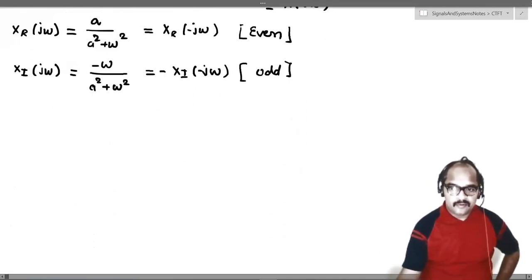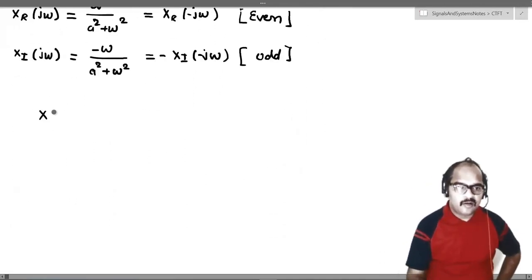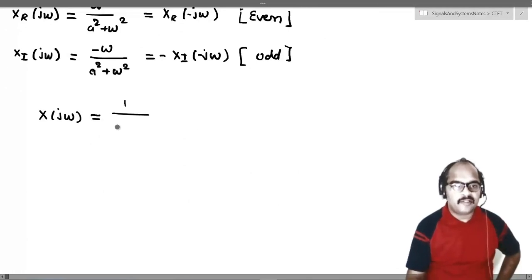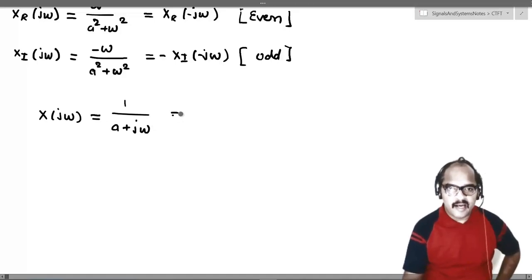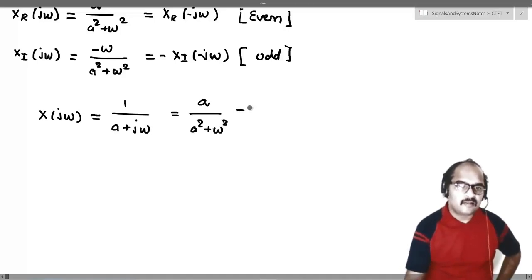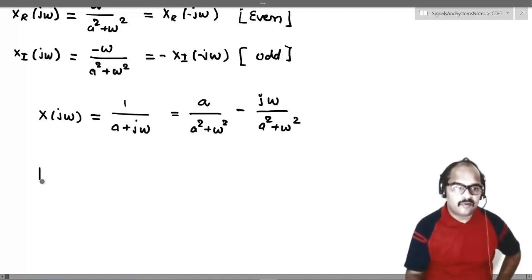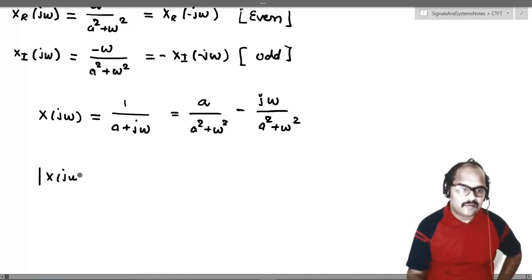To check the magnitude, I write down again so that it is clear. We got x of j omega to be 1 by a plus j omega, and this we wrote as a by a squared plus omega squared minus j omega by a squared plus omega squared. So what is the modulus of x of j omega?